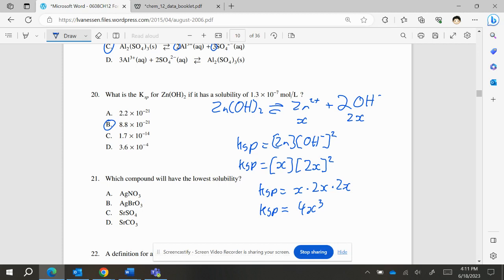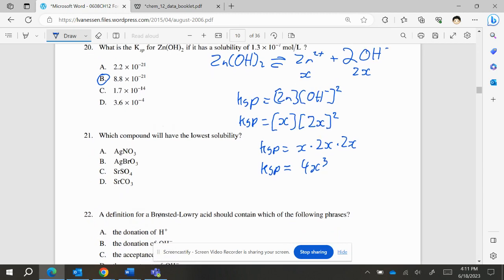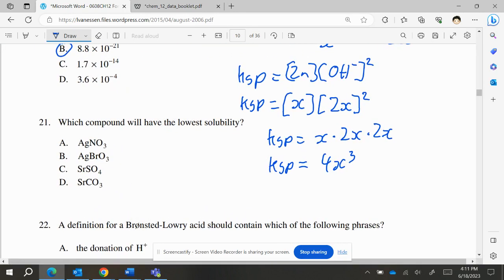Number 21, which compound will have the lowest solubility? Okay. Again, I think earlier we said silver nitrate is soluble. Everything with nitrate is soluble. So that's not going to be the lowest. Let's take a look at silver bromate.